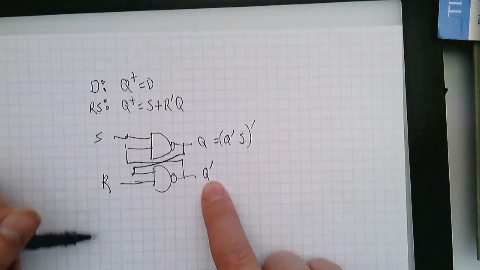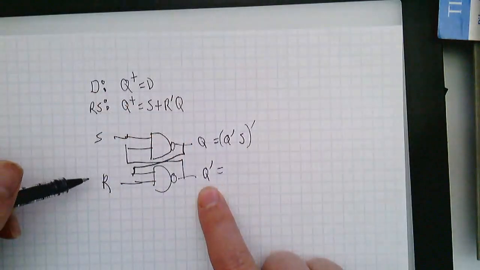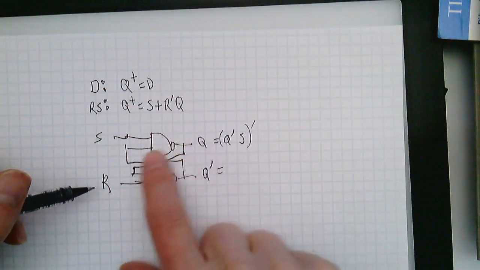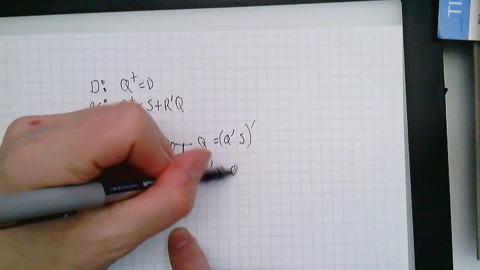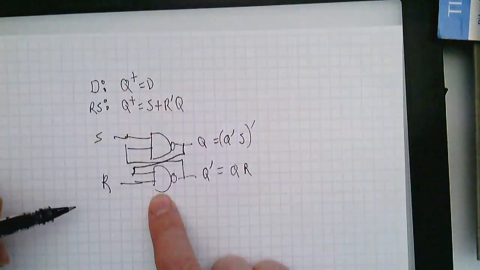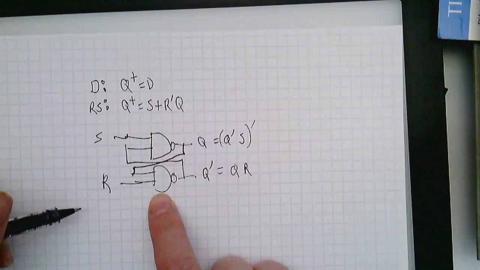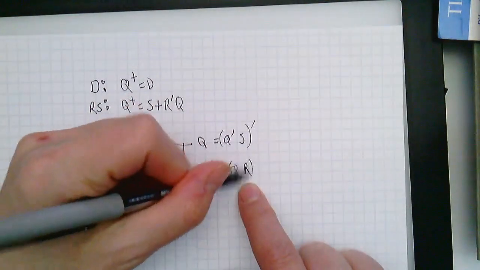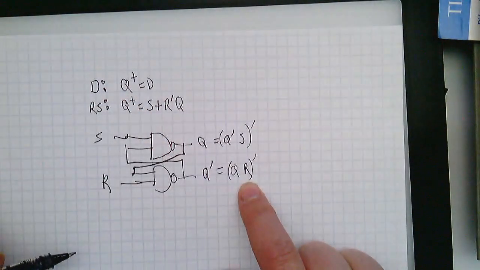And what's Q prime? Q prime is equal to Q and R inverted. Does that look about right?